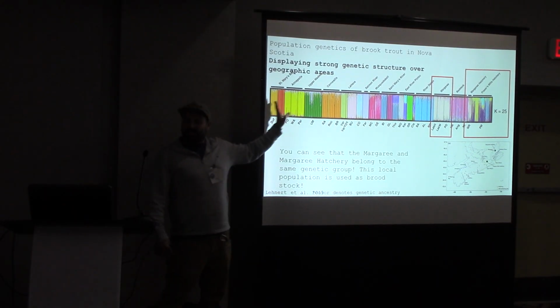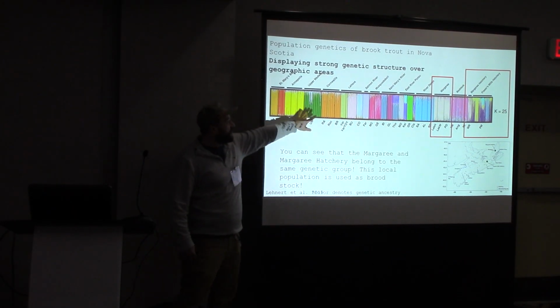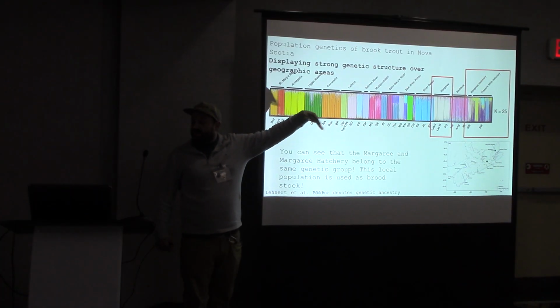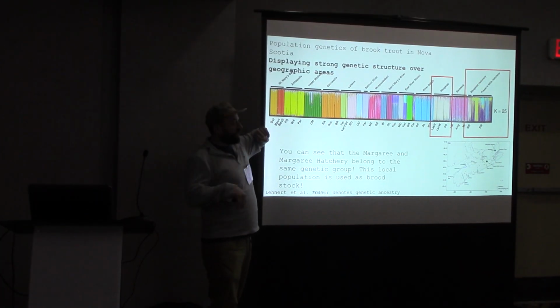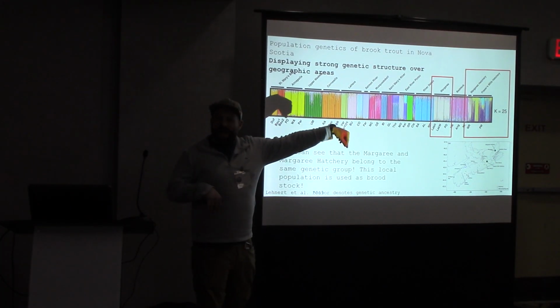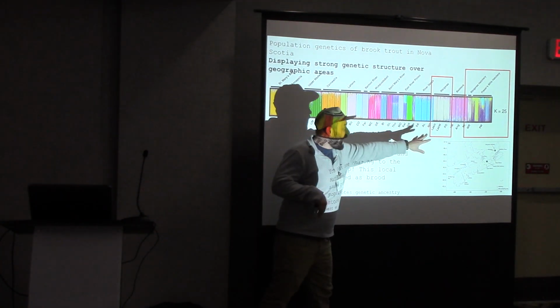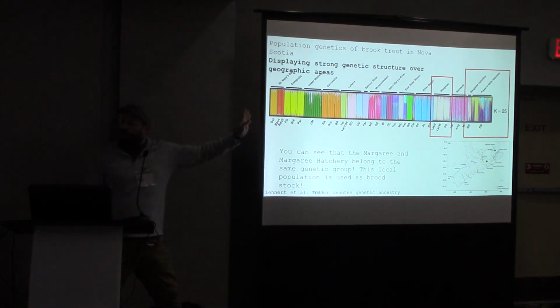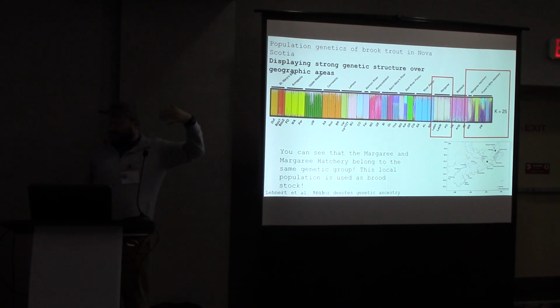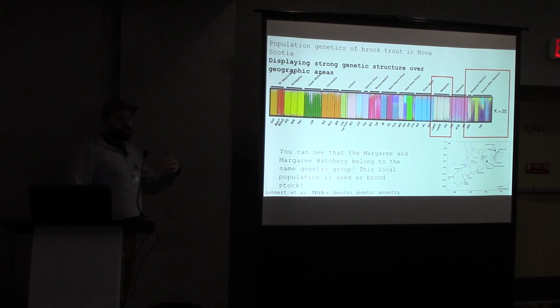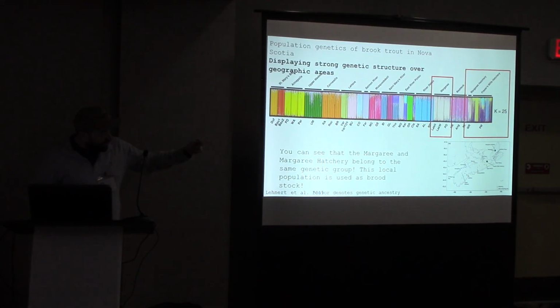We don't really see any evidence of reproduction because of the colors that you see. Think back to elementary school, we like to look at colors in genetics. There are other hatcheries there too, which are separate from those populations as well, which clearly indicates very strong genetic divergence between the hatchery and the wild fishes, except for that population where they use the broodstock.